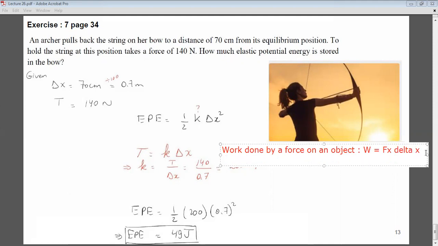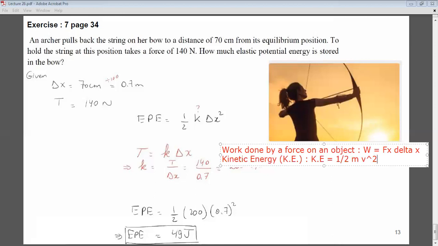Okay, kinetic energy, we refer to it by KE. KE equal to half mv squared.